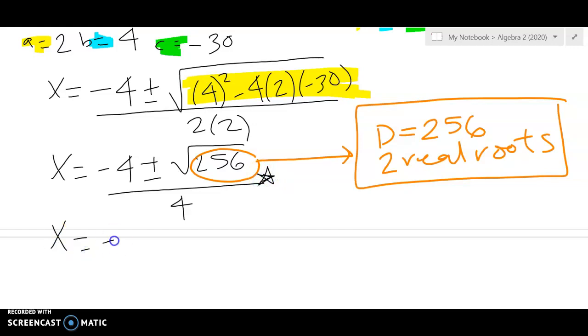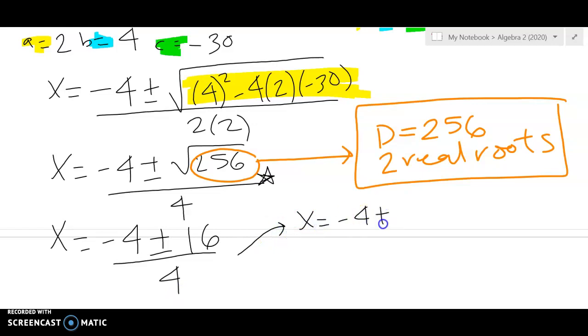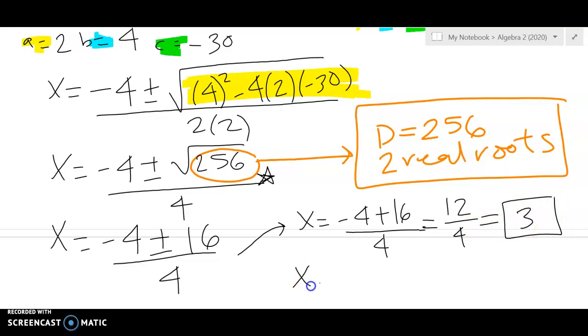The square root of 256 works out to 16, and then divided by 4. So I can break this apart. I'm going to have x equals negative 4 plus the 16 divided by 4. So negative 4 plus 16 is 12, divided by 4, that's 3. There's one of my real roots, and let's do the other one.